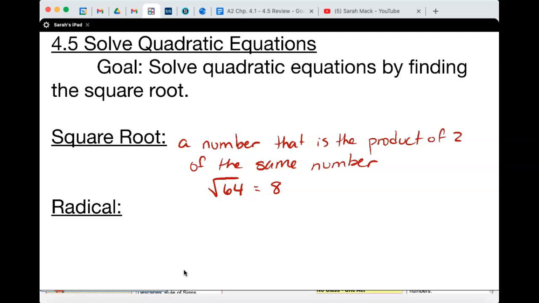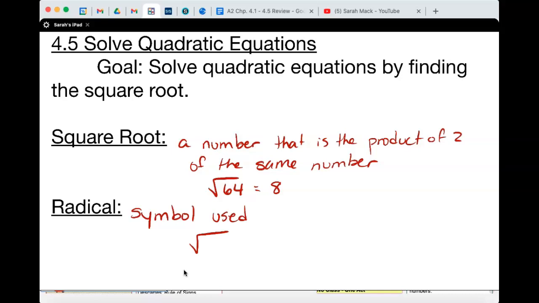So the radical is basically just the symbol used. This is the radical symbol. We're always going to use square root in this section. In the next chapters, where it gets fun, we could have the cube root or the fourth root or fifth root or whatever.